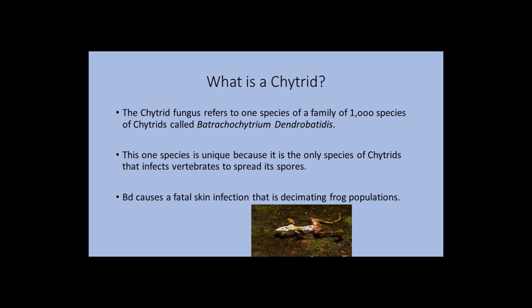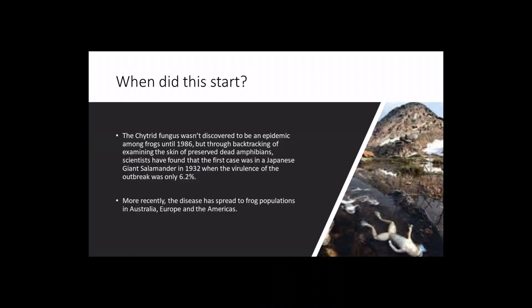Younger frogs don't have keratin yet, but either way, it's bad. We should do something about this before it kills all the frogs. The chytrid fungus is definitely something we need to do something about. It causes a fatal skin infection.